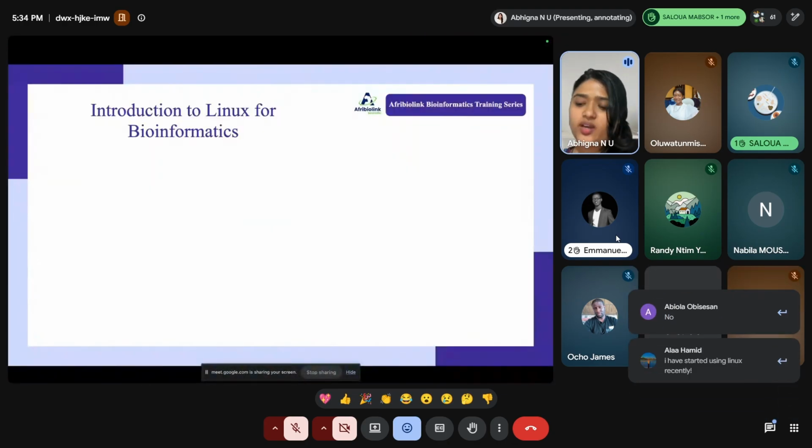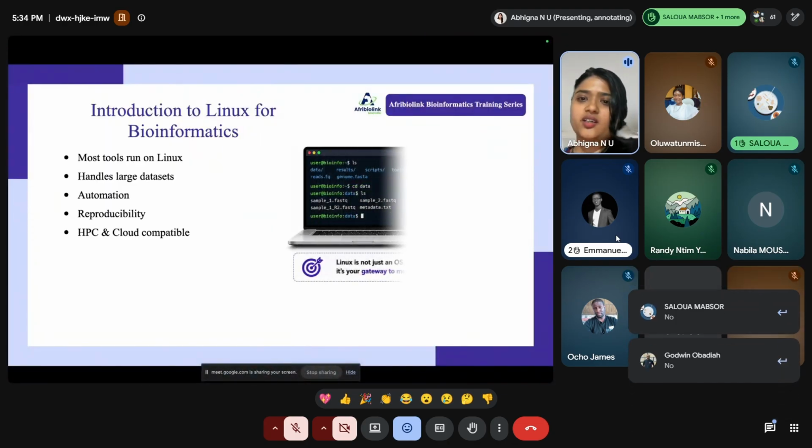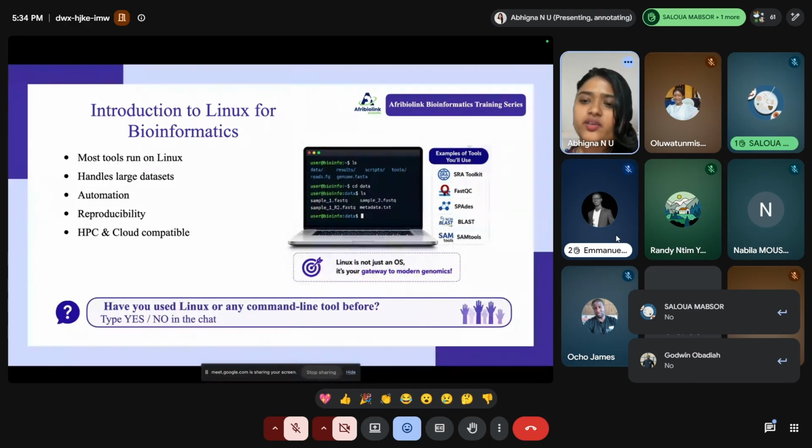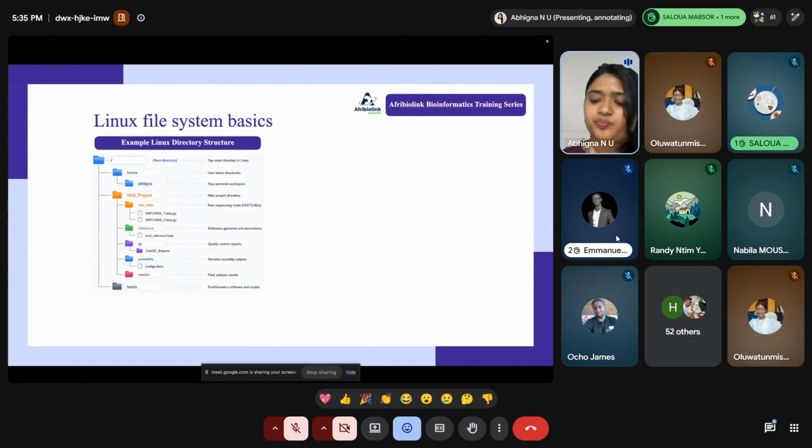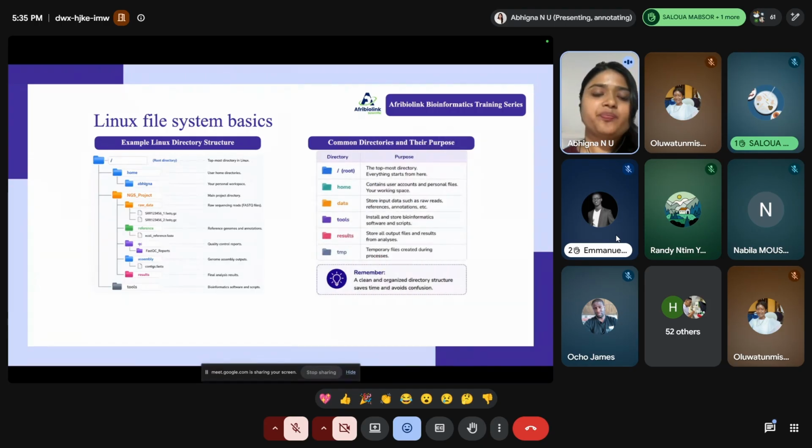Okay. If you have not used Linux or any command line tools, just don't worry. We'll start from the basics of Linux. For example, a Linux file system has a root directory, which is the topmost directory in Linux, and a home directory where you store your personal workspace, and under the root directory you create folders which are of use for you.